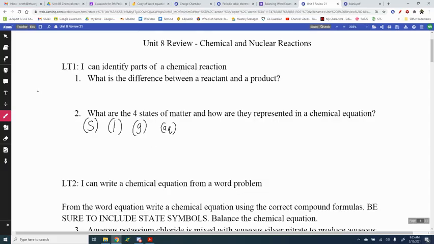Solids, liquids, and gases are pretty self explanatory. Aqueous means to be dissolved in water, or in solution. If we had, let's say, NaCl, and it was aqueous, then we would put aq as a subscript in parentheses like that.